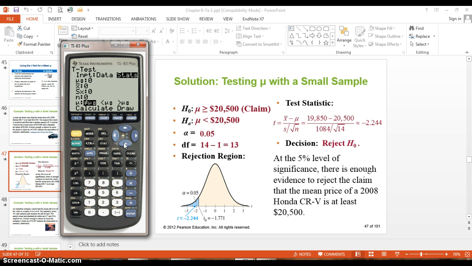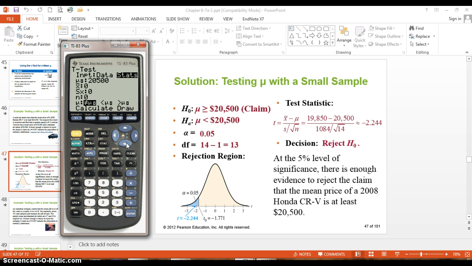Mu0 is the hypothesized mean that was given to us in the problem. So we were told that we think that it's $20,500. That is going to be our mu0. Basically, this is the value that you plug in for your hypothesis statements.